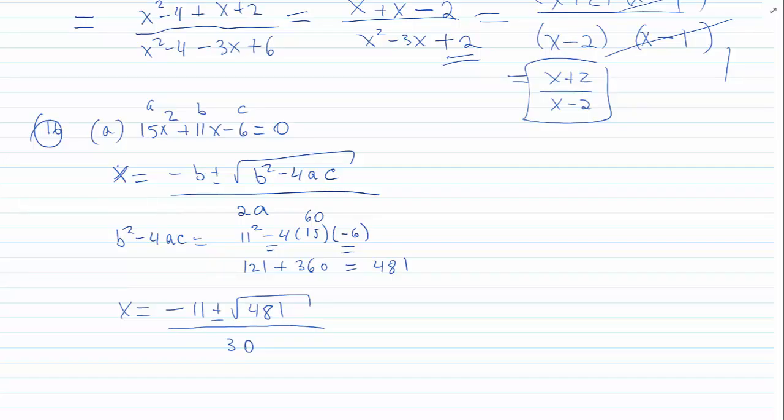So if you use divisibility rules, it's not divisible by 3, it's not divisible by 9. What else? 5? No. 10? No. So you can quickly go through it. It's not really a nice number, 481, and definitely not a perfect square. So good. Less work to do. That's the answer. Negative 11 plus and minus square root of 481 divided by 30.